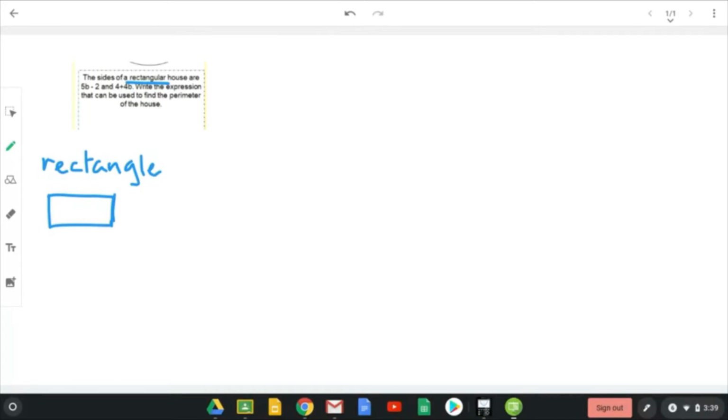Then it says, write the expression that can be used to find the perimeter of the house. Again, an expression includes numbers and symbols separated by addition or subtraction.